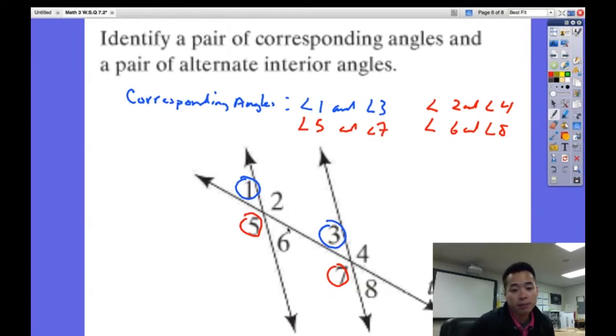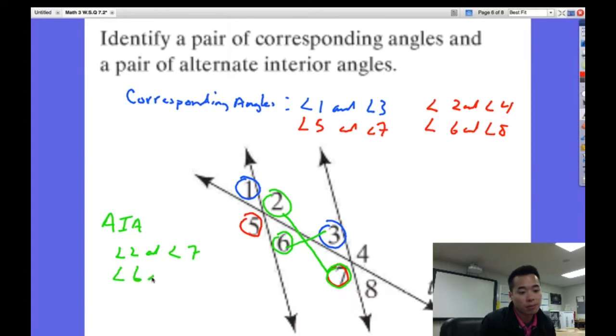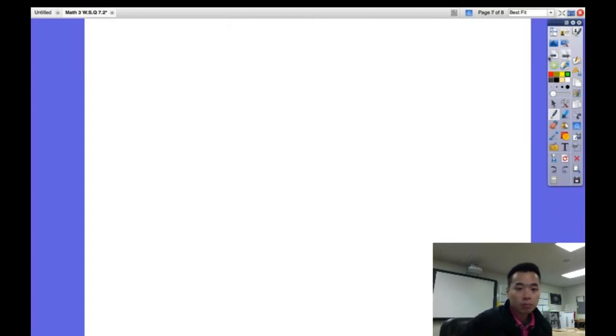Let's do bright green. Alternate interior means inside the parallel lines. Here's angle 2, go straight across the transversal. So one pair would be angle 2 and angle 7. The other pair would be angle 6 and angle 3. So those are your 2 pairs of alternate interior angles.